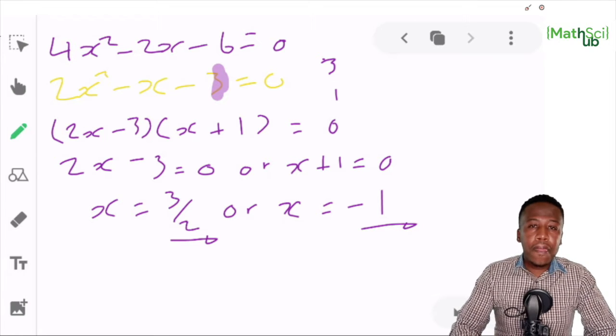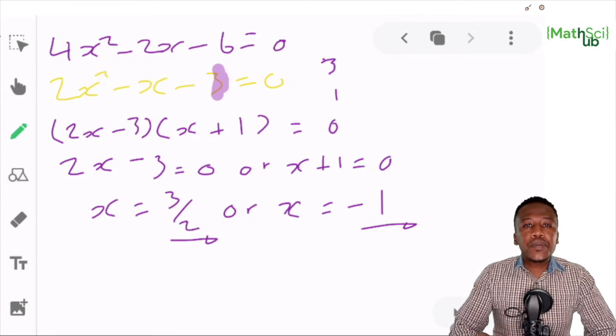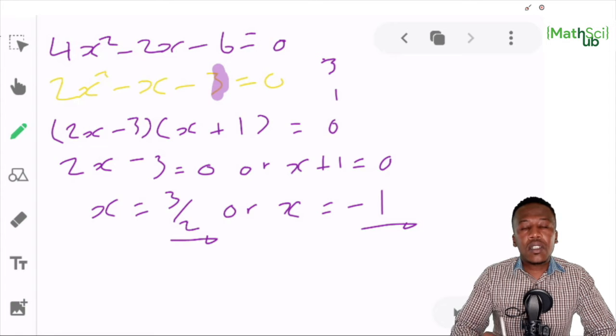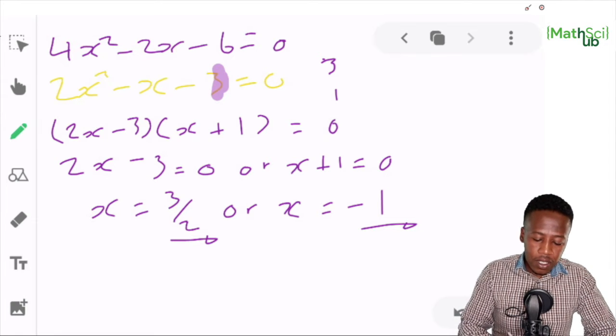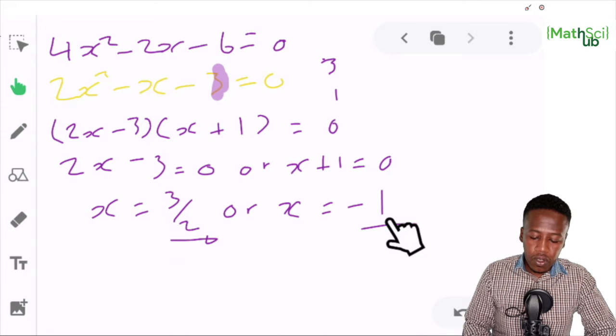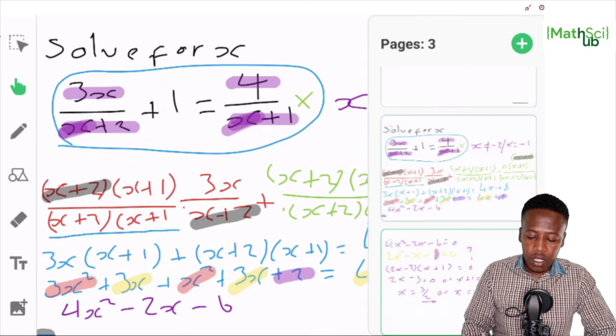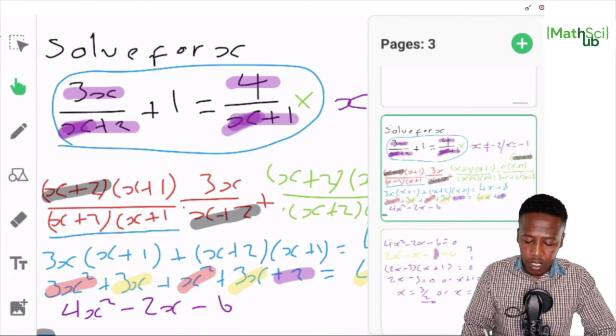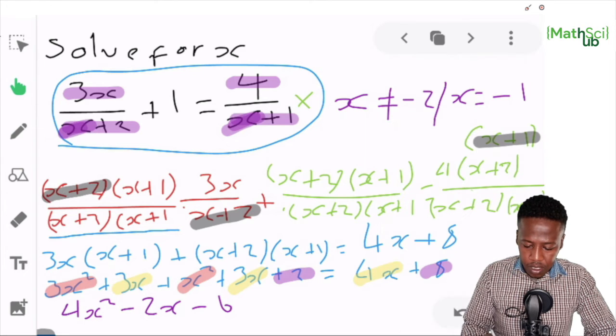Now remember, I said if you are dealing with an expression that has fractions, you need to determine your restrictions. In this case, we have your x as 3 over 2 and your x as -1. Let's go back to our restrictions and see what x mustn't be. Your x must not be -2.